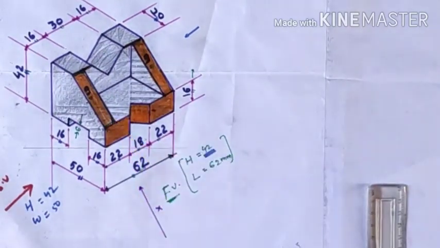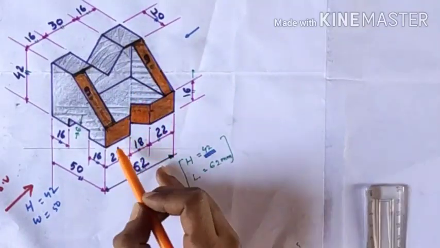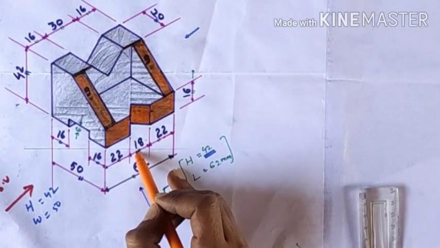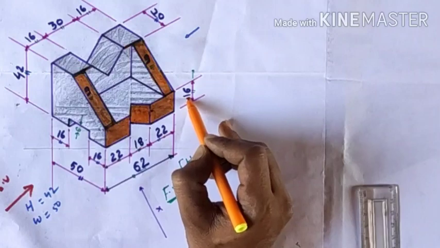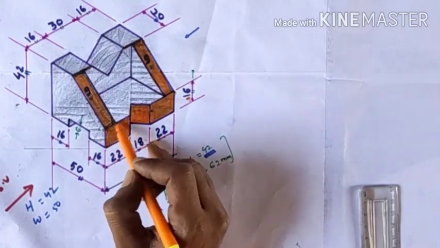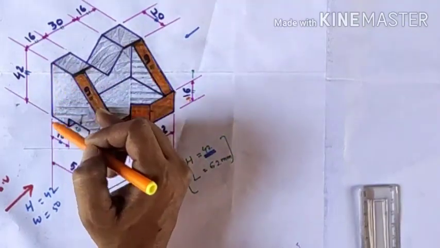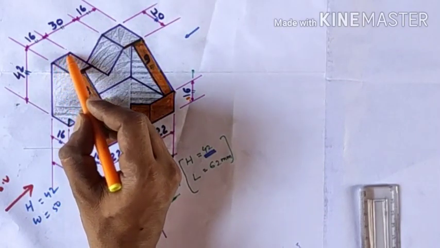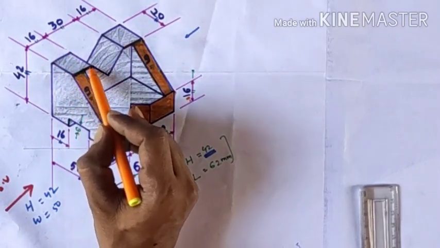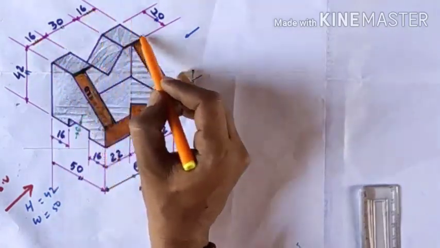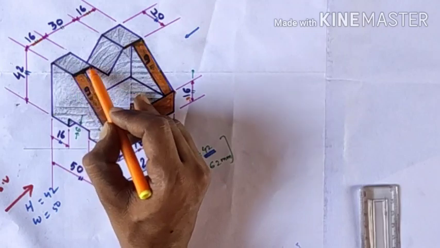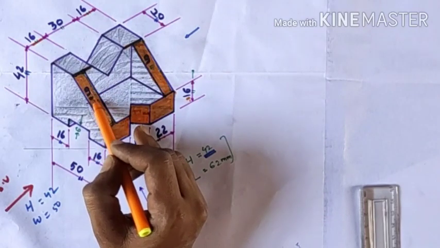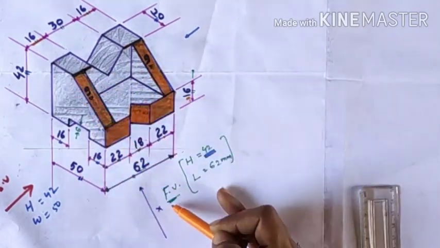So the front view looks like this. From here you draw 62 mm and divide it into 22, and in the middle this is 18, and the initial height is 16, so you can draw it, and the total height is 42, so you draw 42 first, and from 42 you extend this line, 16 from backward, 16 from forward, and from here there are two strips of 9 mm, which are already seen from the front view.